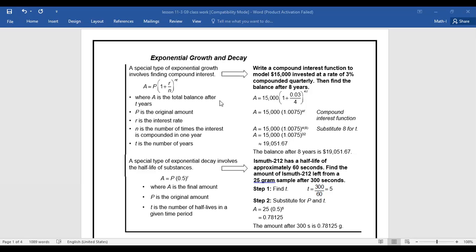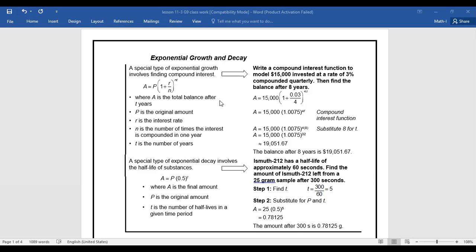Find the amount of SMAP 212 left from a 25 gram sample after 300 seconds. Since it has a half-life every 60 seconds, we have to find t. It will be 300 divided by 60, which equals 5.